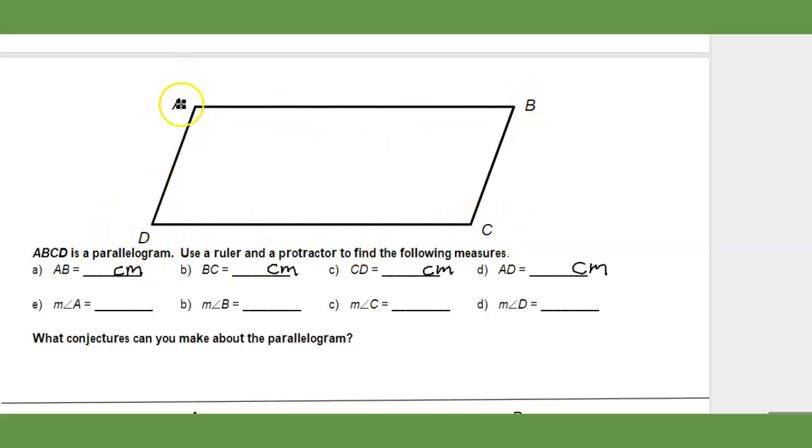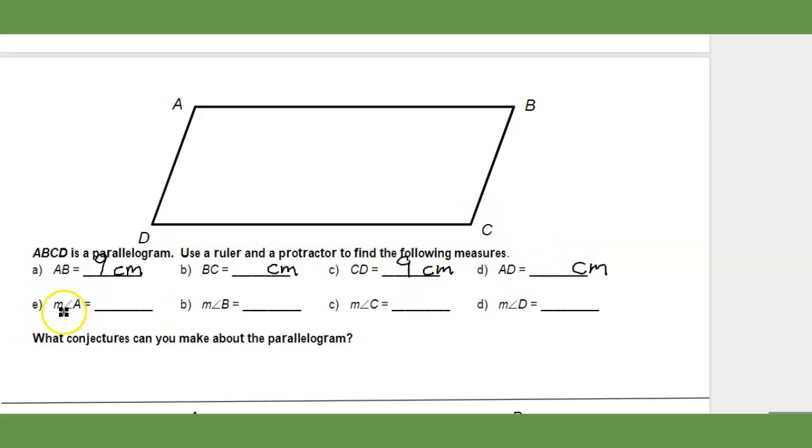I'll give you a hint. If AB came out to be 9 centimeters, what would that be congruent to? Probably not the shorter sides, but the side opposite, or across from. So CD would also come out to 9. Go ahead and measure what these are. And of course, those will probably be congruent, BC and AD.